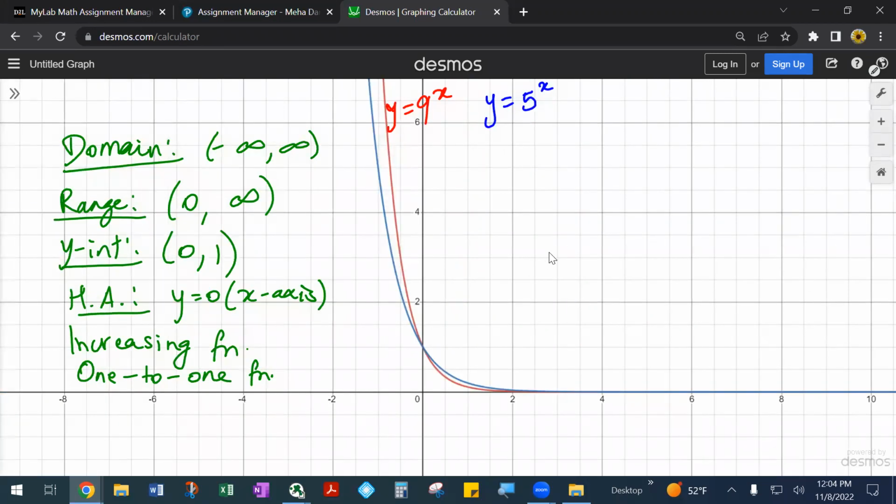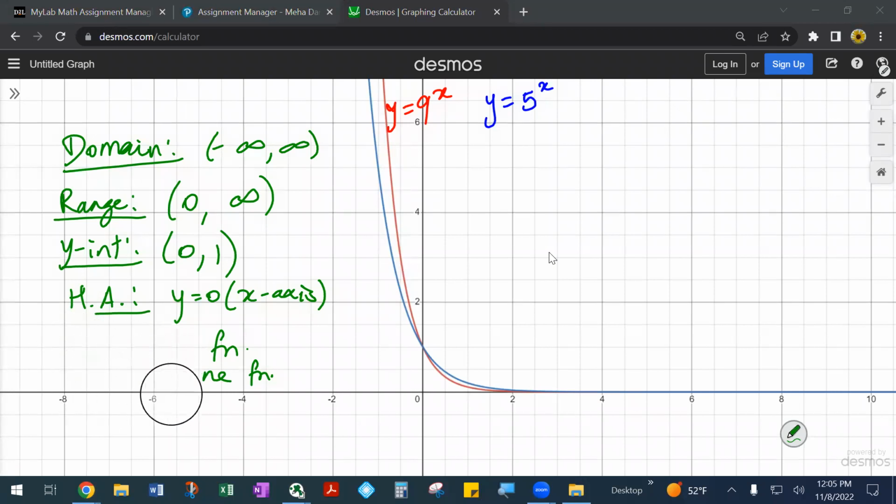So the only thing that changes from our list over here is this guy becomes decreasing instead of increasing, but all the other characteristics have not changed.